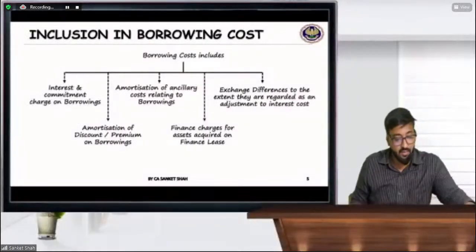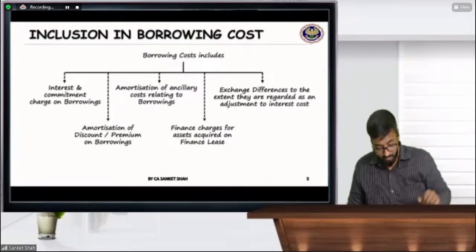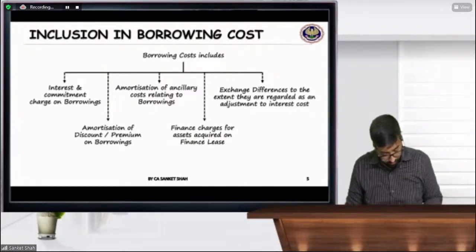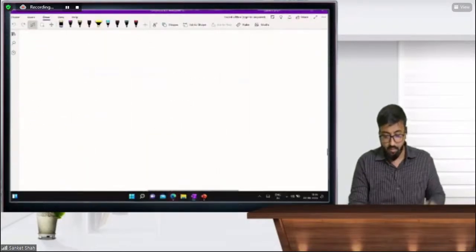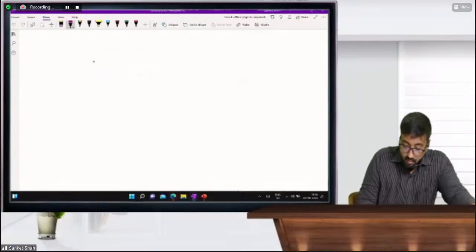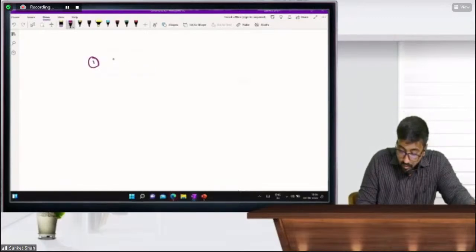First, I will give you one example for borrowing cost. Assume, I'm giving you an example. Let's try it. Suppose you want a loan of rupees 1 lakh.